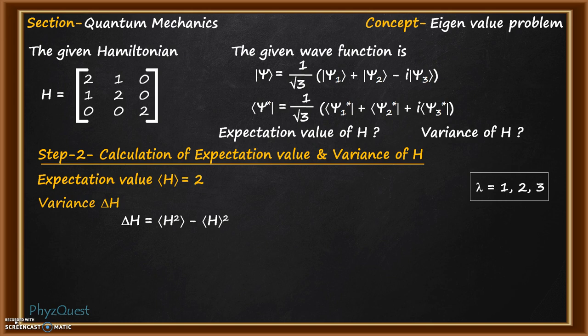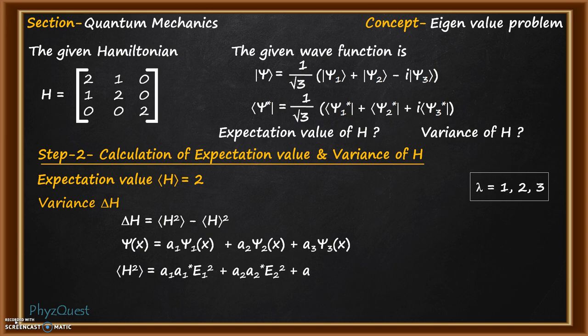So first we will calculate the expectation value of the square of the Hamiltonian. Using the general formula for psi, the expectation of H squared will be a1 a1 star E1 squared plus a2 a2 star E2 squared plus a3 a3 star E3 squared. Now we put in the values of a1, a1 star. Ultimately this will be 1 by 3 into (1 squared plus 2 squared plus 3 squared).